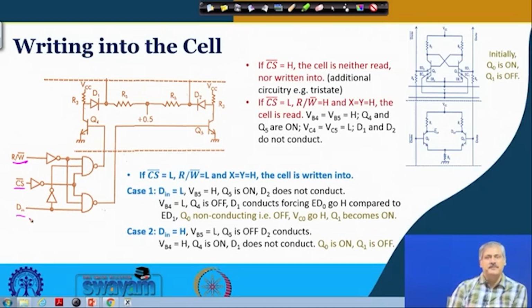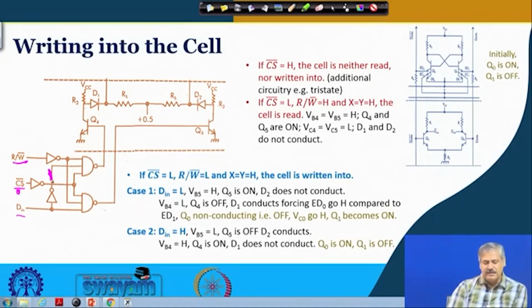Now, if chip select is high, then the cell is neither read nor written into. So, if chip select is high means this is 0, and there are other circuitry also to make this particular thing tri-stated. And when chip select is low, then this is 0, so this is 1.